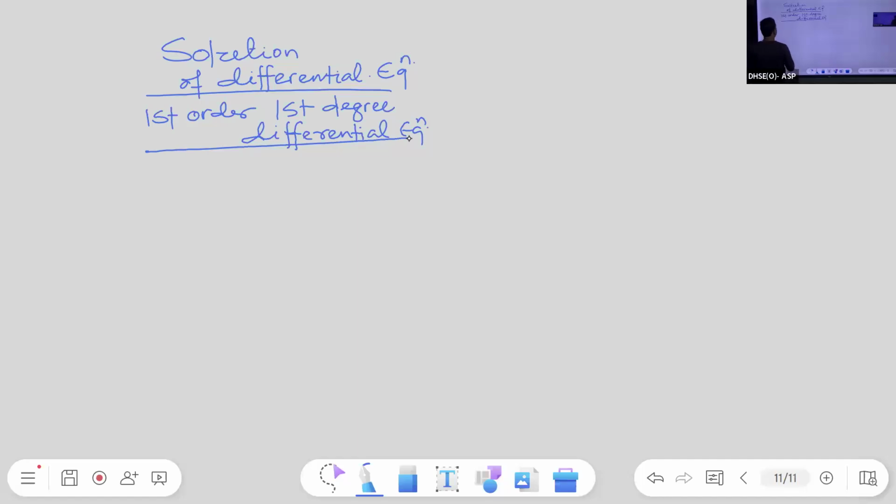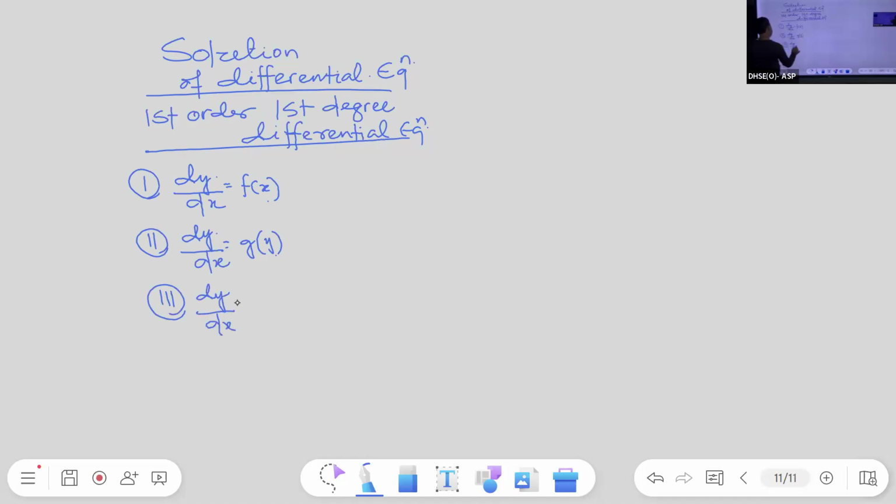What are the formats of first order, first degree differential equation? dy upon dx is equal to f of x. dy upon dx equals g of y. dy upon dx equals f of x into g of y.